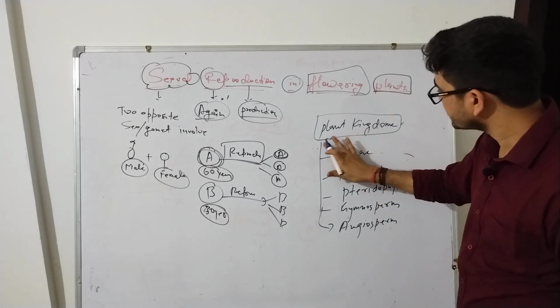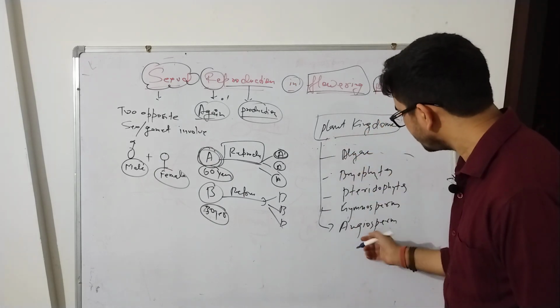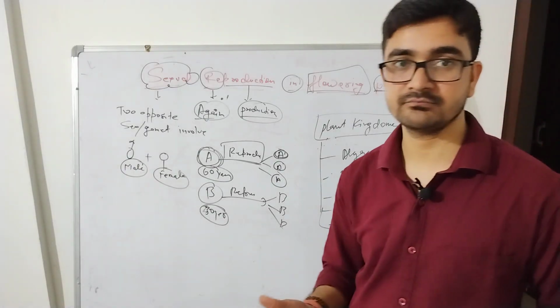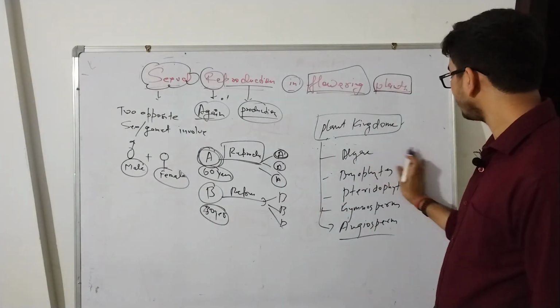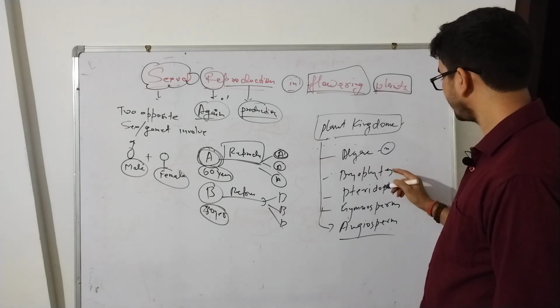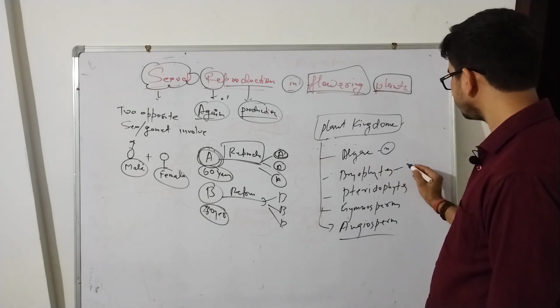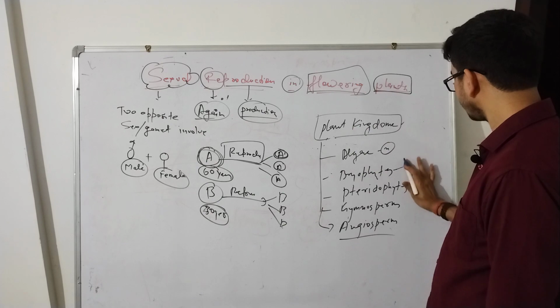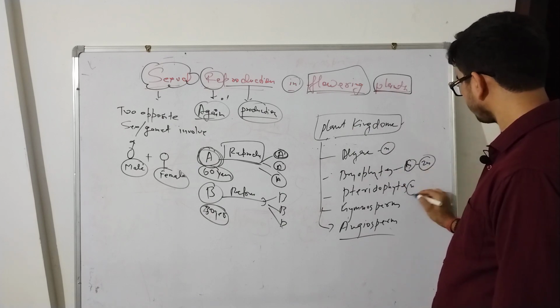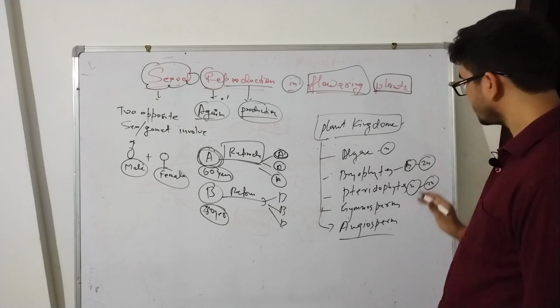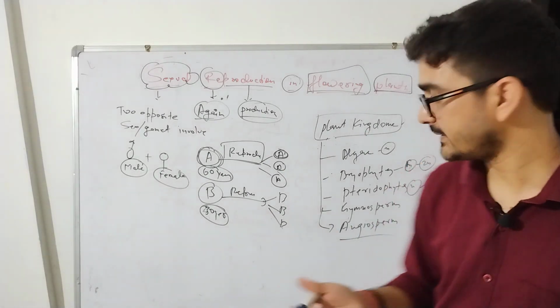When you talk about algae to angiosperm, it is an evolution. Algae is a haploid plant and bryophyte is haploid as well as diploid, so you can say haplodiploid.